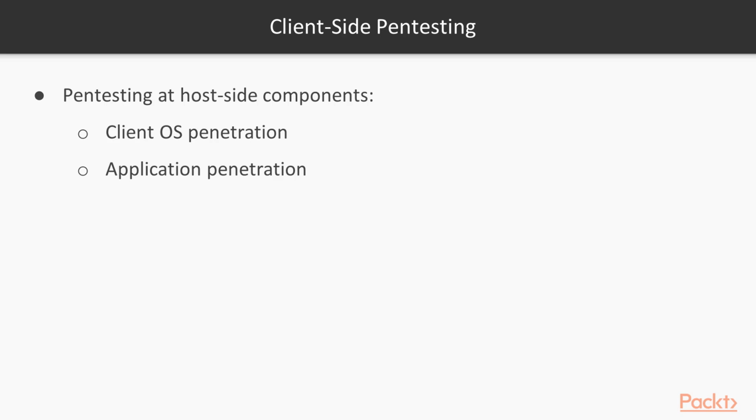For example, if PHP is working which is not patched, right, you are still using the older version of PHP, that is considered client-side pen testing. Or application pen testing, which is working inside your operating system. So these are the two components according to me.